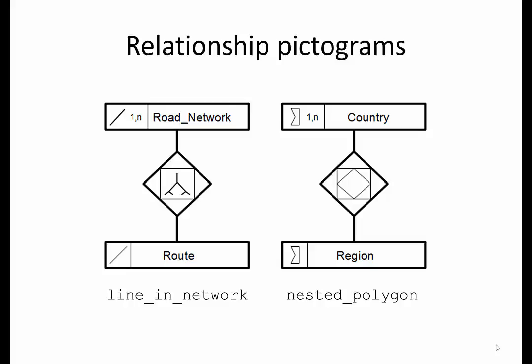So there are a variety of rules that might be applied, but basically you're imposing a relationship that makes the lines part of the network. And I suggest using this tree-like symbol to represent that topological relationship between the lines and the derived networks.